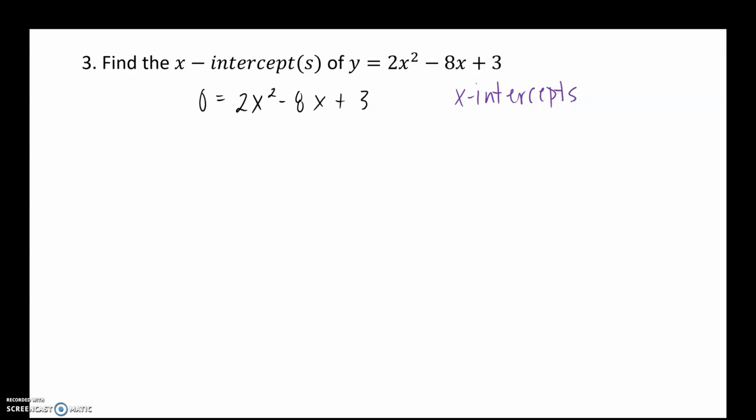Finding x-intercepts, I could also have asked you to find the roots of the function, the solutions, or the zeros. I'm just going to continually reiterate that these 4 things all start with the same method, and that's setting the function equal to 0.